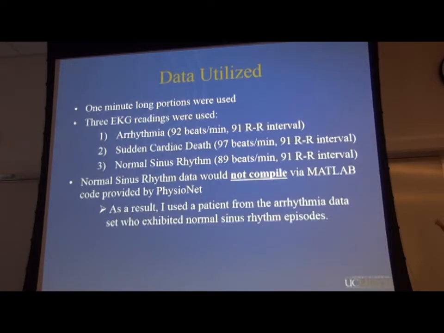So I actually used the arrhythmia data set for this normal sinus rhythm, which I had to do, but I double checked the person that I grabbed the data from, and the person exhibited normal sinus rhythm, and I took the data set from that episode of the normal sinus rhythm. So just to let you guys know that.